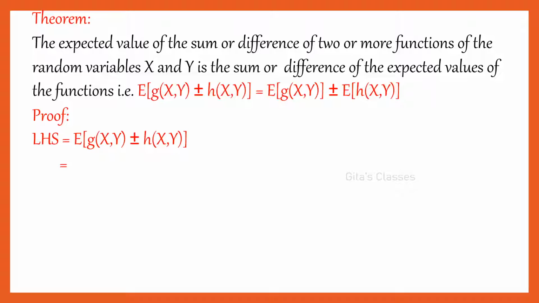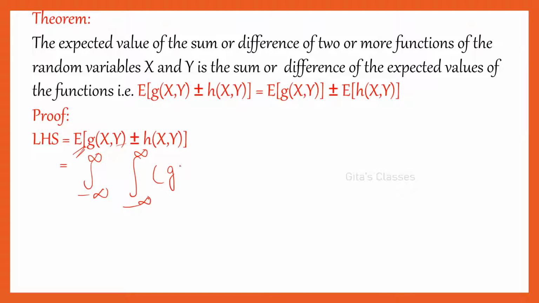Next theorem: now we have two variables. E of g of x comma y plus or minus h of x comma y is equal to the integral from minus infinity to plus infinity, and since we have two variables, two integrals. The rule for E is the same.